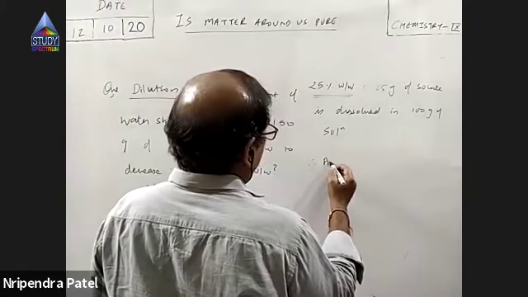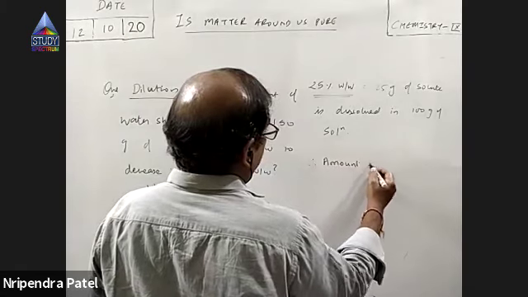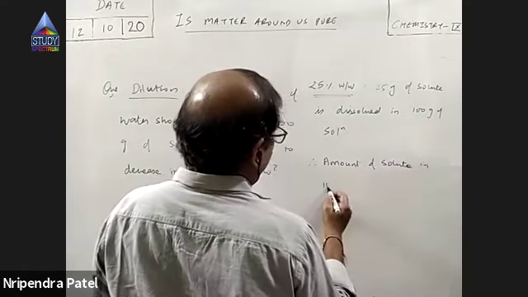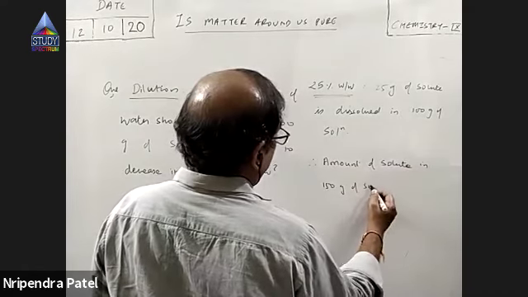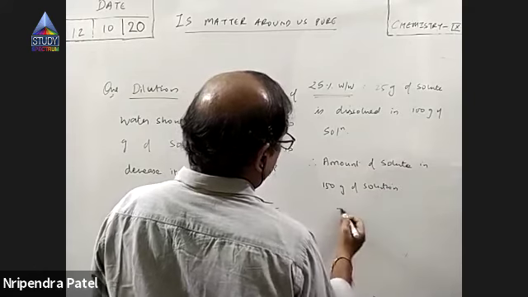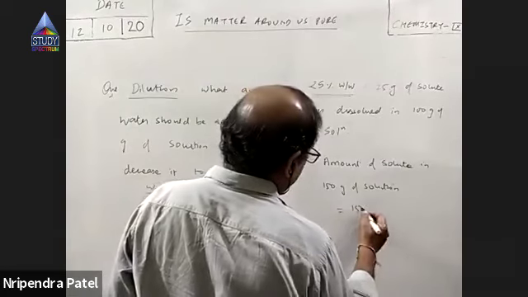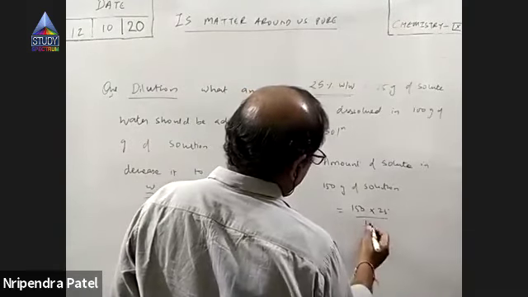Okay. So 150 gram solution will contain how much solute? 100 gram contains 25 gram. So 150 gram will contain 150 into 25 by 100.